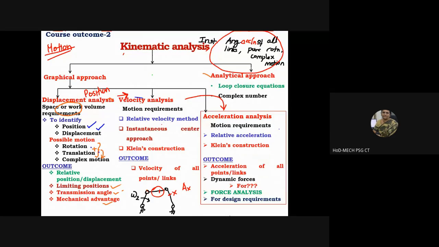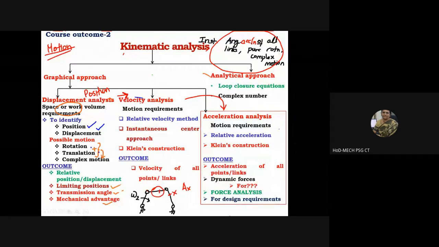So you should also know where kinematic analysis stands in the process of development or design of a mechanism. What is the need for velocity analysis? What is the need for acceleration analysis? When I say need for acceleration analysis, there are two aspects.